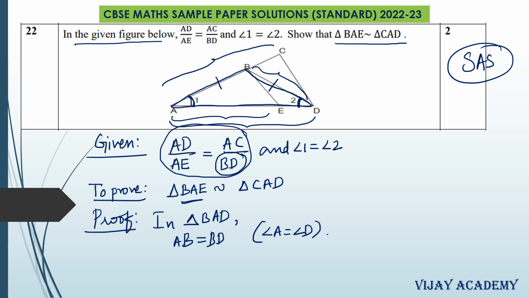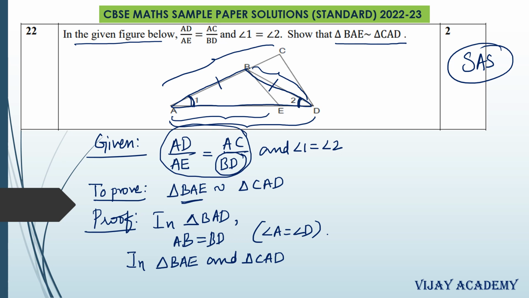Now we can use this property to apply the SAS similarity criteria. So now let us try to prove the triangles similar. So let me write that in triangle BAE and triangle CAD, from these two triangles, let us try to show the measurements equal and the proportionality.